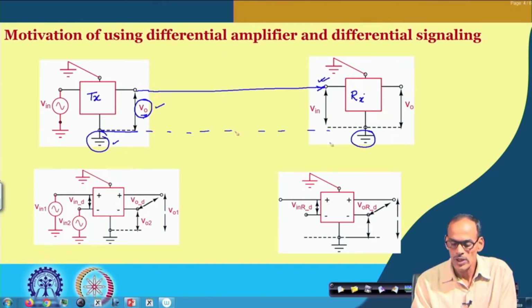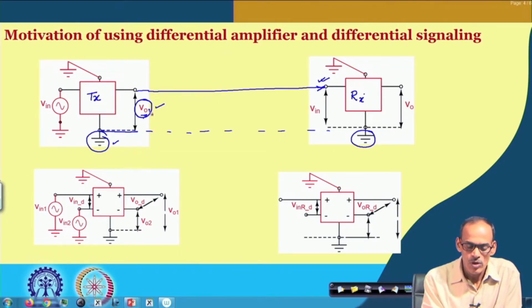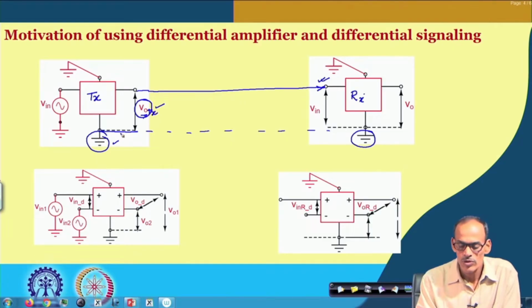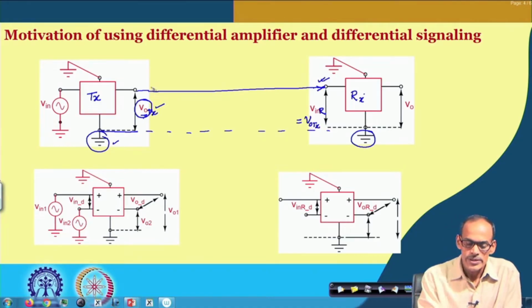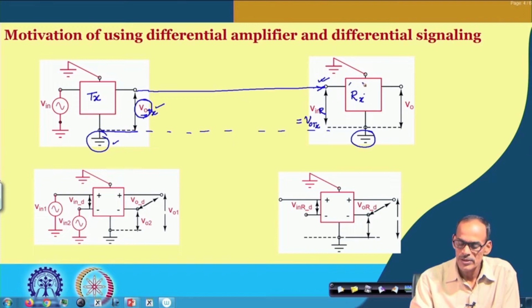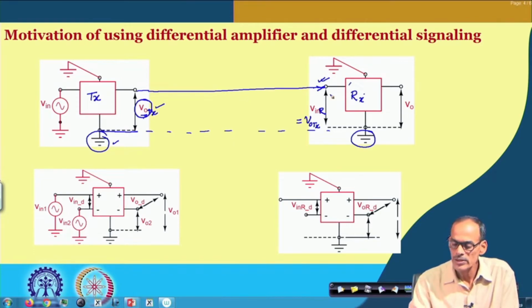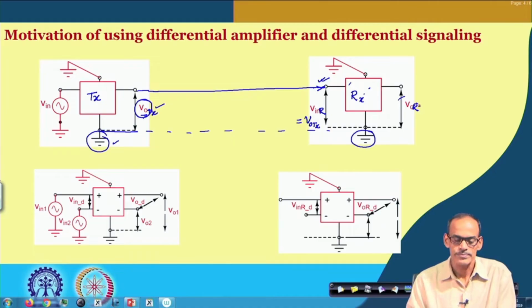If these two grounds are the same, then this V out of the transmitter, say VOTX, comes directly here, and then we can say that V in R is exactly equal to VOTX. So, the signal received by the receiver has no issue, and based on its own characteristic it provides its corresponding output VOR.